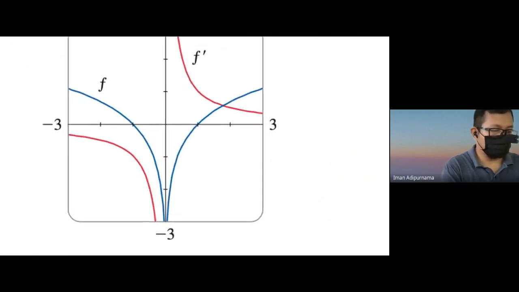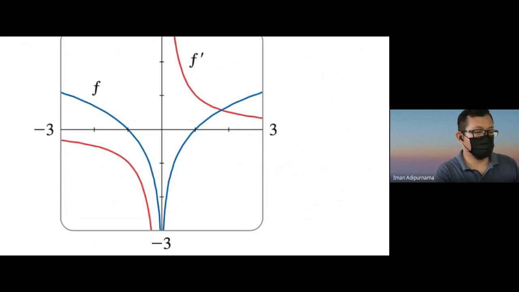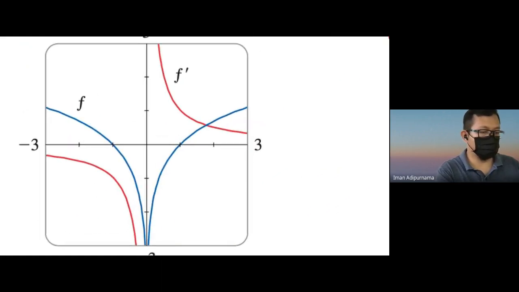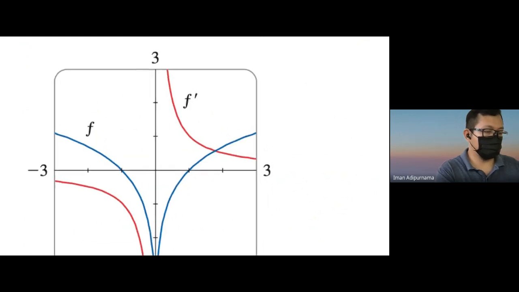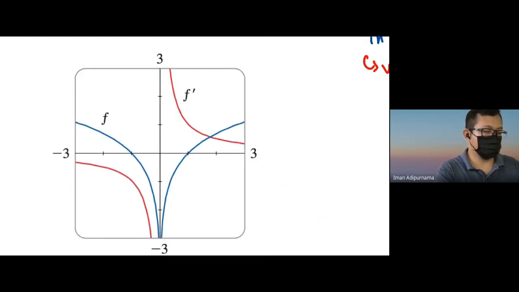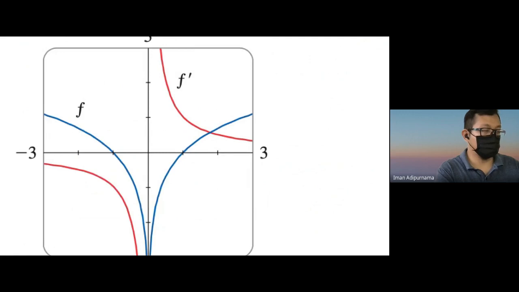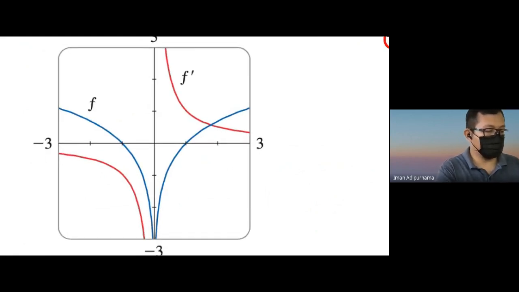If you see the graph, this is the ln and the derivative. You will notice that it has a unique property that the derivative becomes this and this, right? But the logarithm is just this.